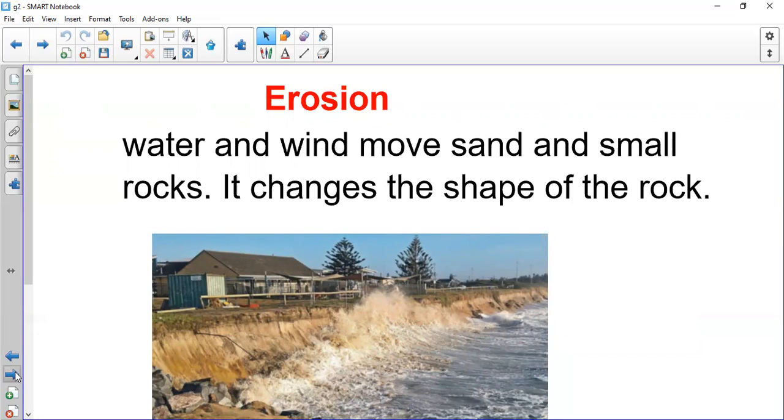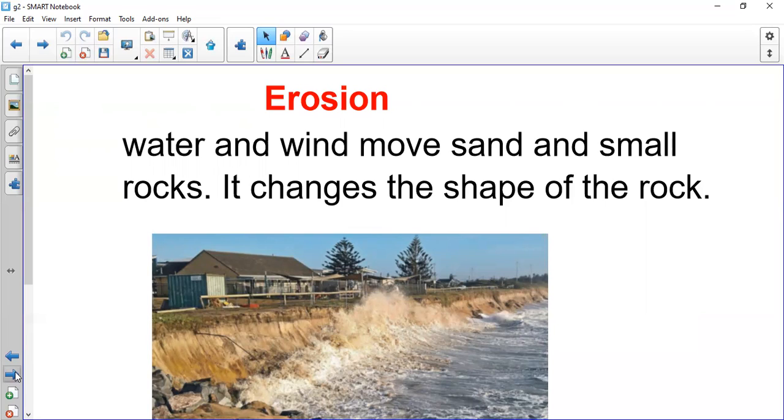When wind and water break rocks into pieces, what will happen after this? Wind and water will move the sand and the small rocks that were broken to another place. Of course, wind and water will carry the broken rocks and the sand to take them to another place.